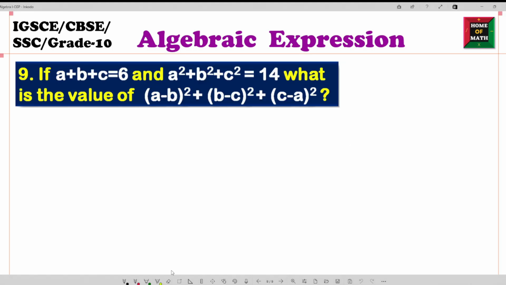Number 9. Here a + b + c = 6 and a² + b² + c² = 14.